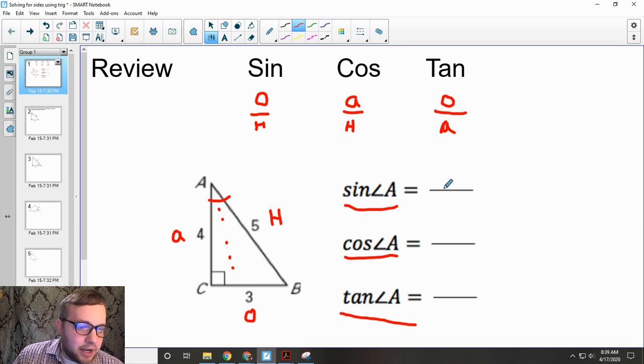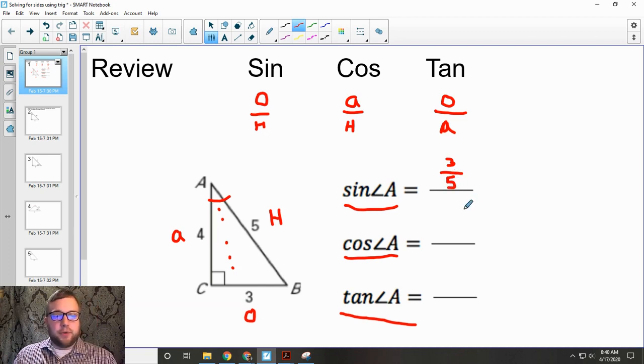So now the sine of angle A is opposite, which is 3, over my hypotenuse, which is 5.